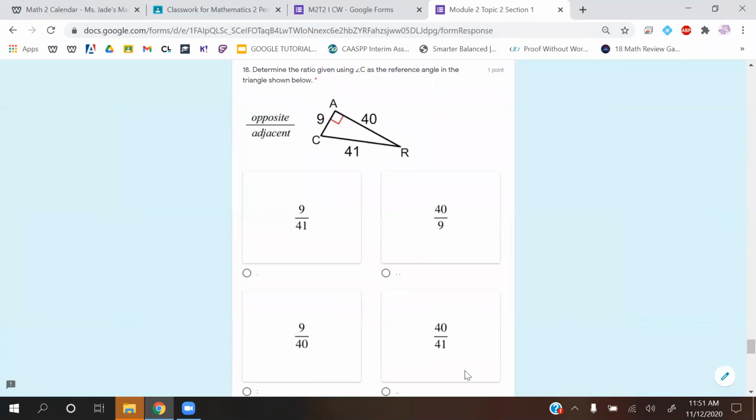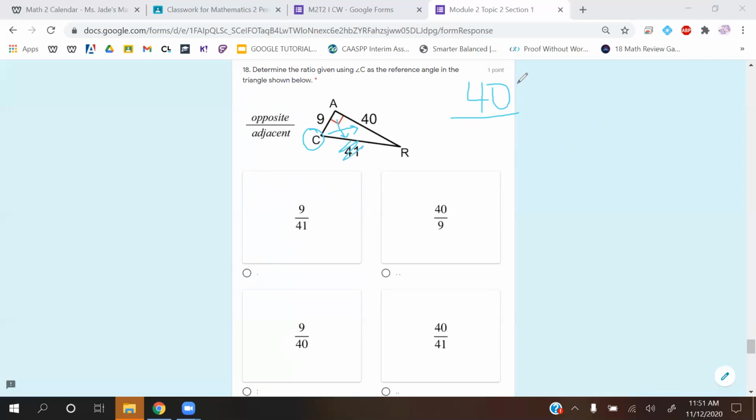Number 18, determine the ratio given using angle C as your reference angle in the triangle shown below. So we want the opposite side. Okay, so the opposite of angle C is indeed 40, good. And then the adjacent side, what would our adjacent side be? 41. 41 is actually the hypotenuse because it's directly across from the right angle, right?